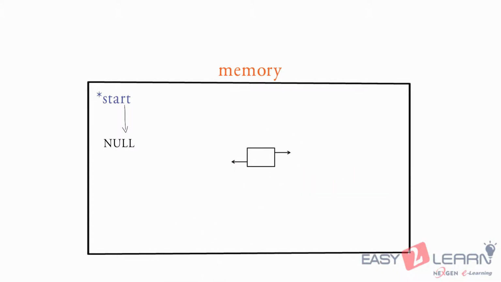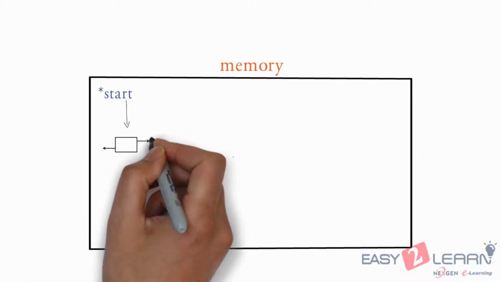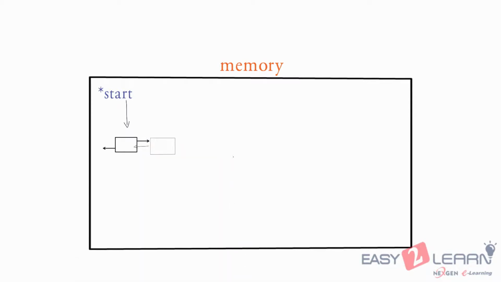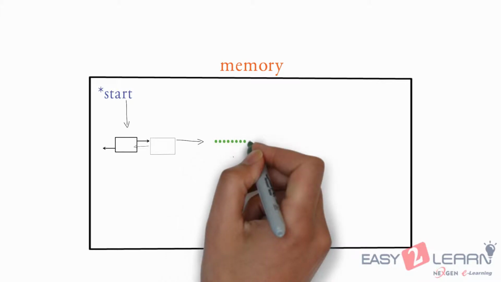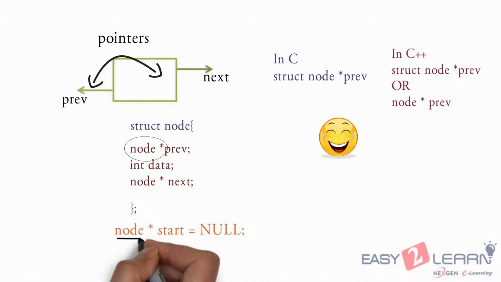Then we add the first node, and now the starting pointer is pointing towards the first node. Then it moves on and is connected to the second node. So that's why the starting pointer is very important. Without the starting pointer, we can't access the linked list. Right.